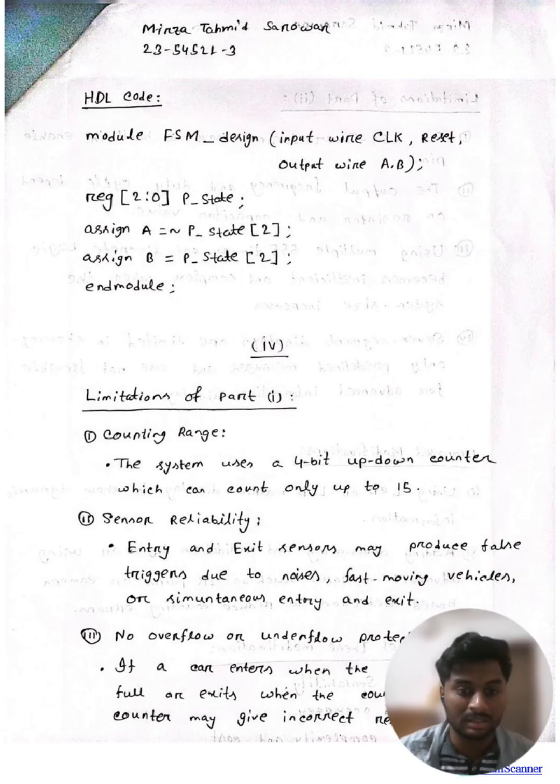The system uses a 4-bit up-down counter which can count only up to 15. So there's a limitation in range here. Then there's another limitation, which is no overflow or underflow protection. I didn't use any overflow or underflow protection here.